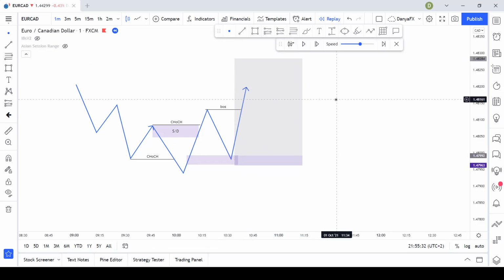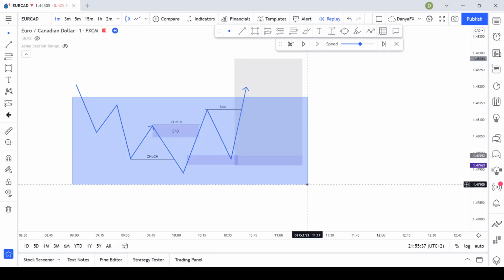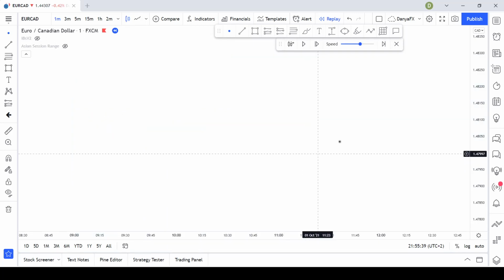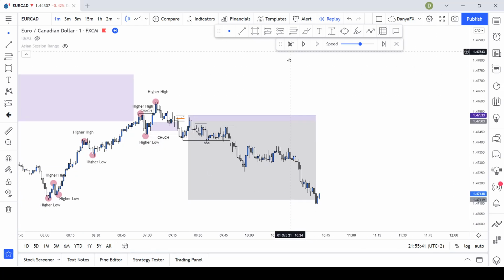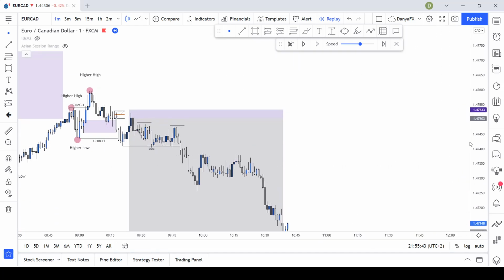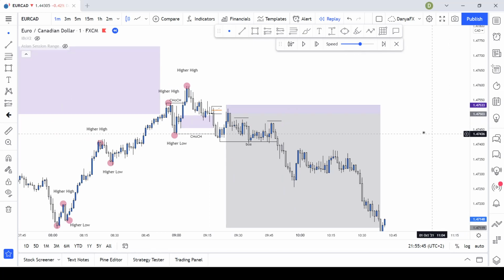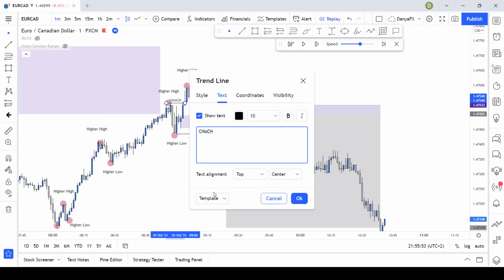and you can forget about trading, just not to make yourself anxious. But as I said, since there is no big difference between break of structure and change of character, you may have got used to mark this as a liquidity sweep and a break of structure.